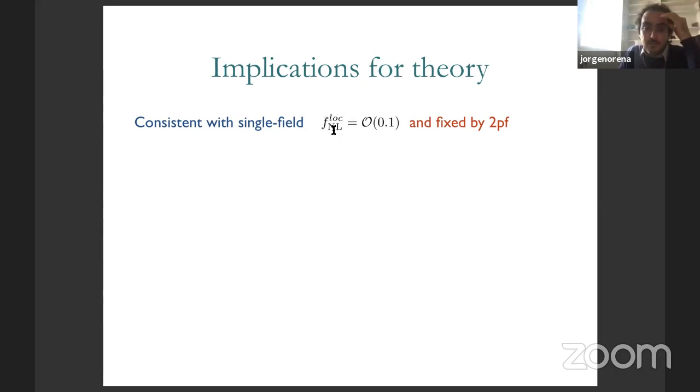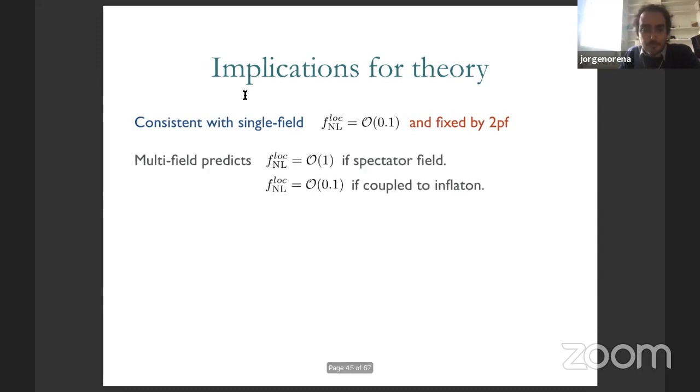So single field inflation predicts FNL local to be of order 0.1 and fixed by the 2-point function. So its amplitude is not free. It should be related to the power spectrum that Planck already measures. We are still a couple of orders of magnitude from achieving this precision, but since it's perfectly compatible with the data, it's consistent with single field inflation.